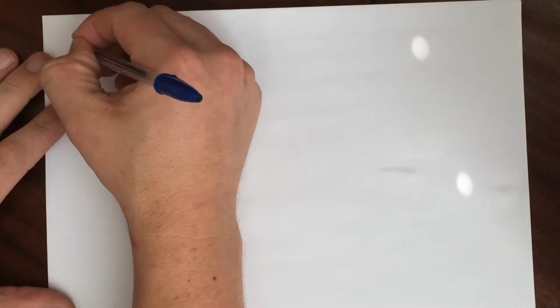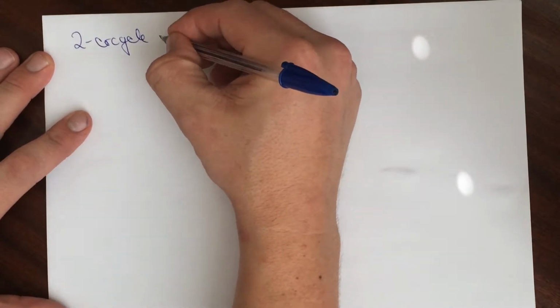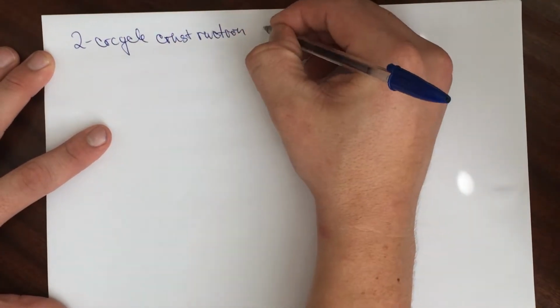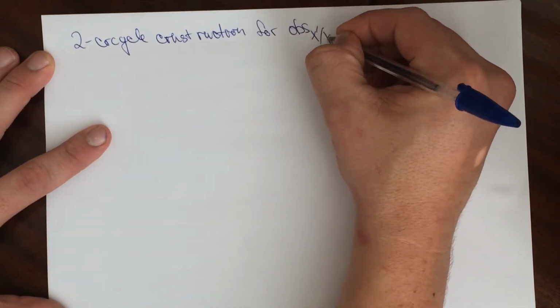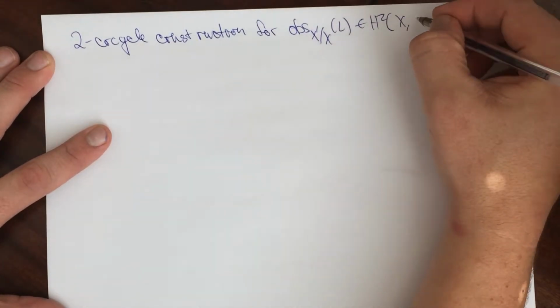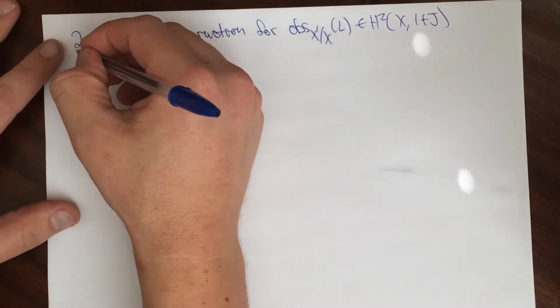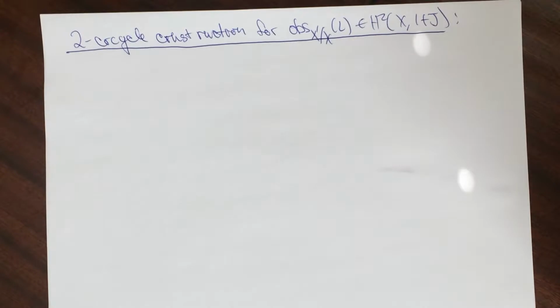All right, let's continue. So I was going to give the two-cocycle construction for this obstruction class to lifting the line bundle L to X prime. So the line bundle is on X, and I was talking about the obstruction to lifting it to X prime.